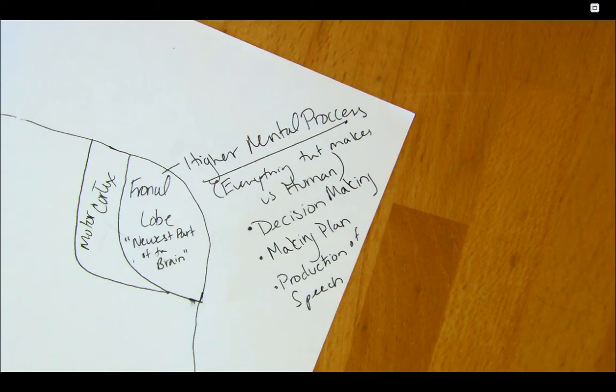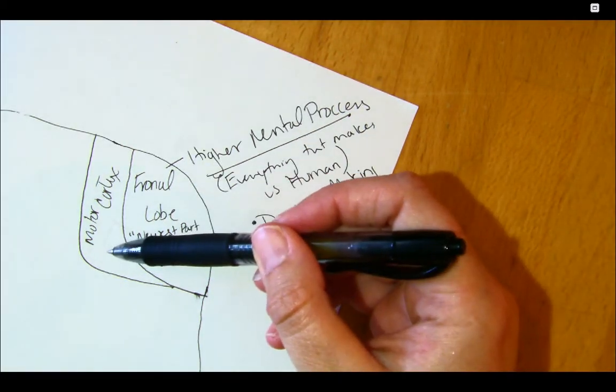Okay? So your frontal lobe technically also includes your motor cortex. Now, your motor cortex, and I'm going to write this way over here.